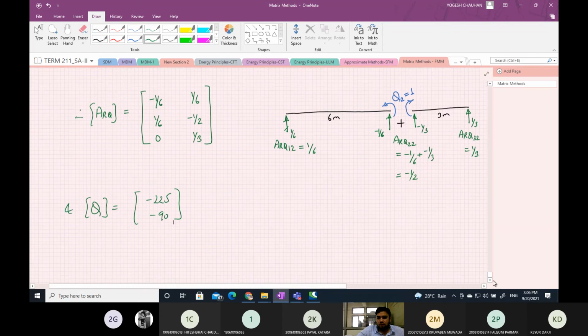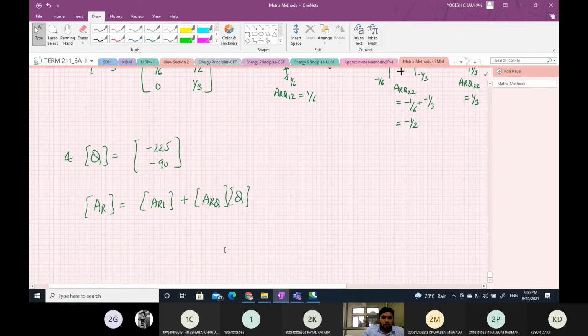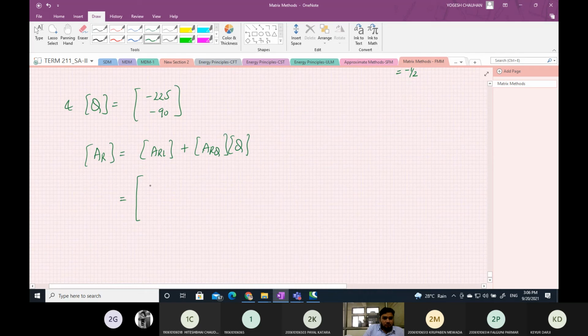So you can take the matrix operation, that is AR equals to ARL plus ARQ into Q. So that will be, ARL matrix is 160, 220 and 60 plus ARQ matrix is minus 1 by 6, 1 by 6, 1 by 6, minus 1 by 2, 0 and 1 by 3.